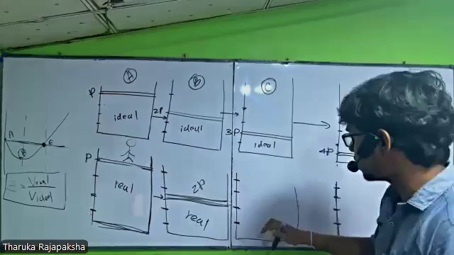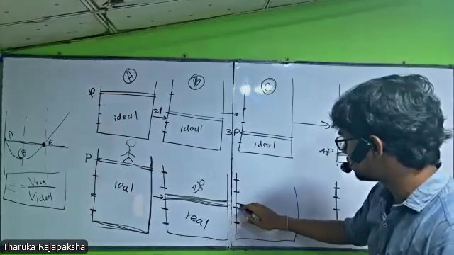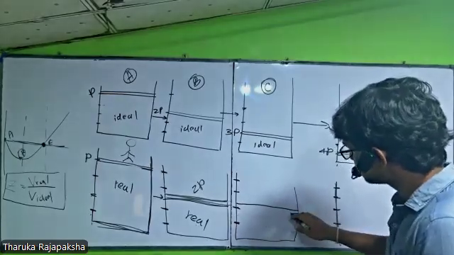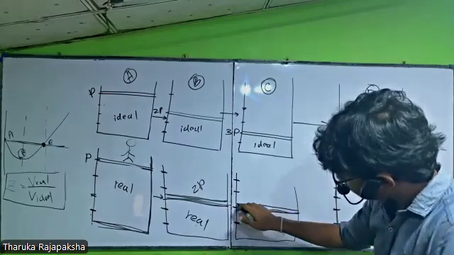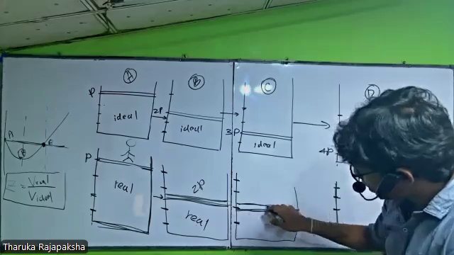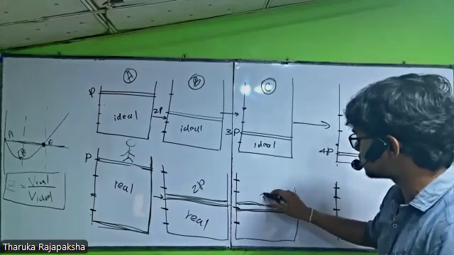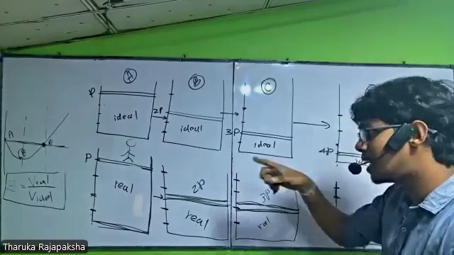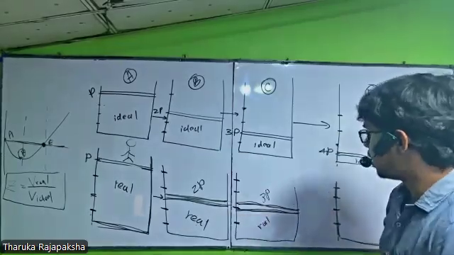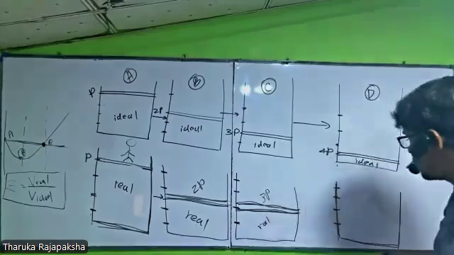At 3P pressure, the real gas volume and ideal gas volume are equal, right? That point. Now you increase the pressure further.